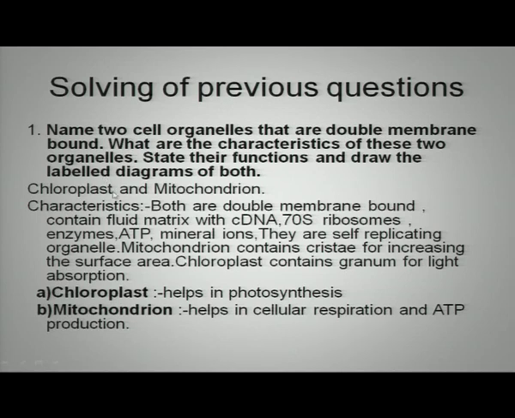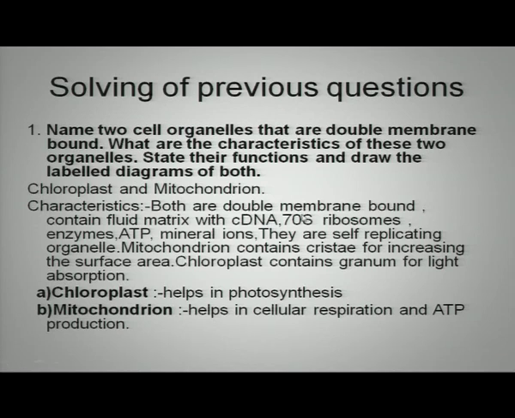Yes, your answer, chloroplast and mitochondrion. Both are double membrane bound organelles present in the eukaryotic cell. Now, the second part, what are the characteristics of these 2 organelles? First, both are double membrane bound, contain the fluid matrix and both will contain circular DNA.